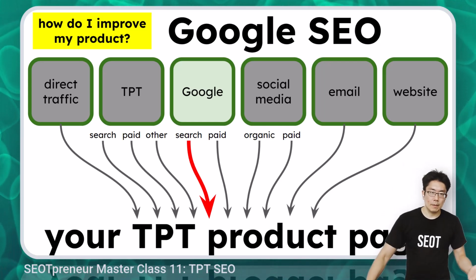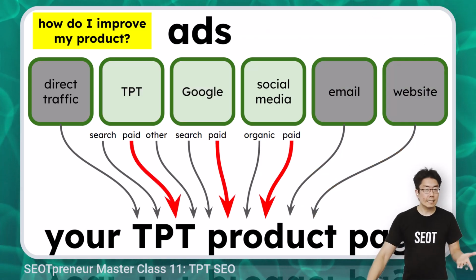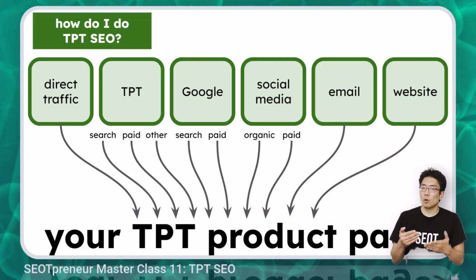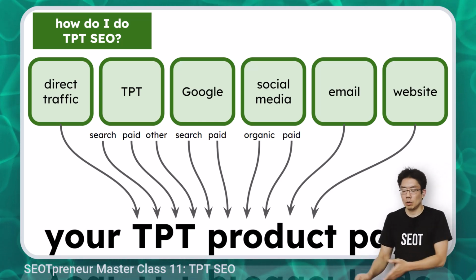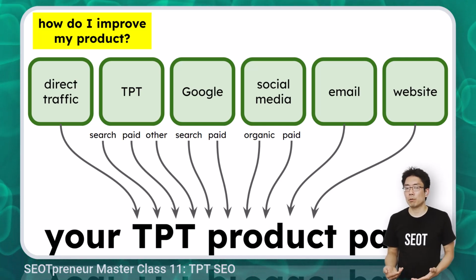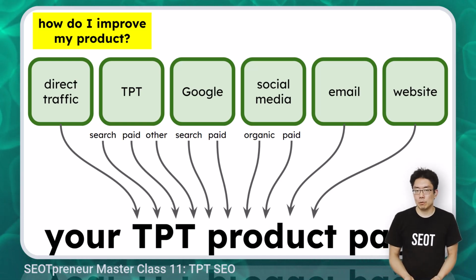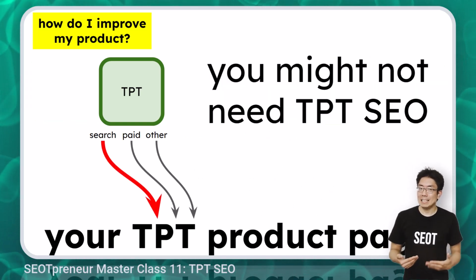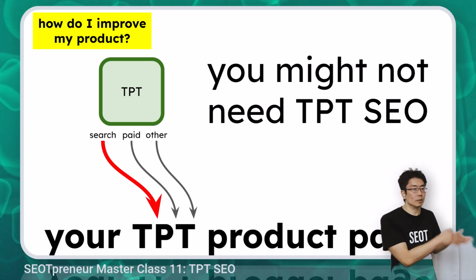If we're looking to improve our product, we might be talking about TPT marketing, or running ads, or building a brand. So although the question that you want to ask is, how do I do TPT SEO? I wonder if the real question that's being asked is, how do I improve my product? And if the question is, how do I improve my product? You might not need to work on TPT SEO, even though everyone else is talking about TPT SEO.